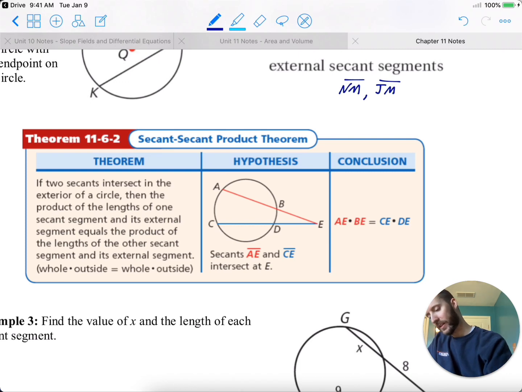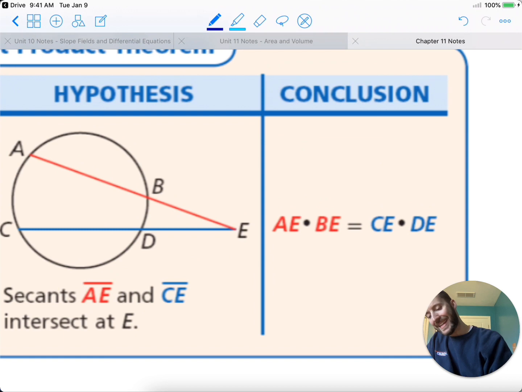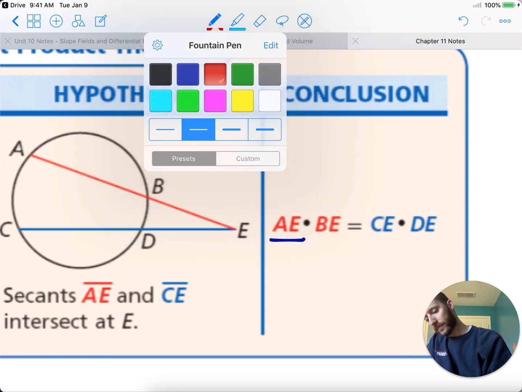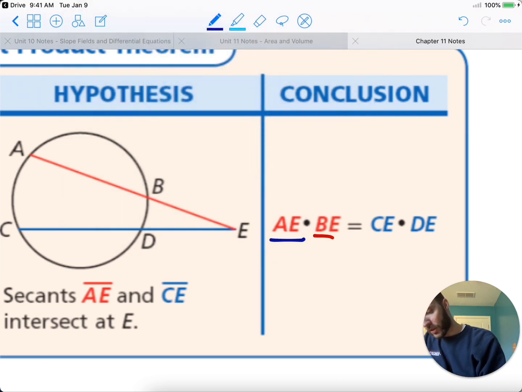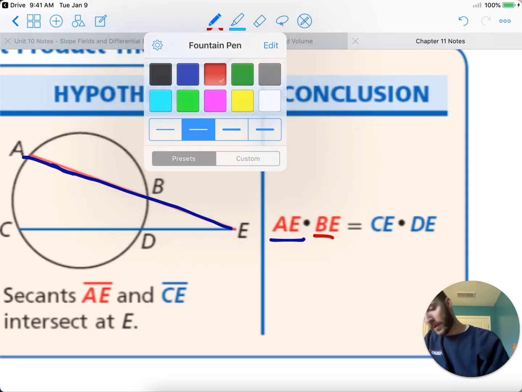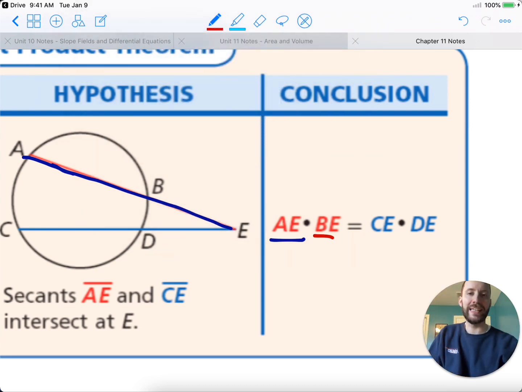Okay, kind of look at how I color this. AE times BE. So AE is the whole thing. BE is only the exterior.